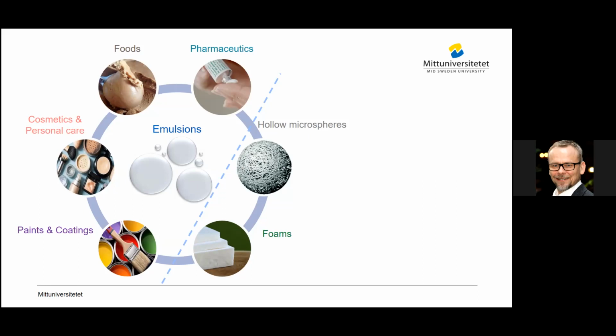And in pharmaceutics, there you have a lot of cellulose, and in these different delivery systems you use it, but also as different kinds of rheology controlling agents. And in paints and coatings, they are important to make oil and water mix well.